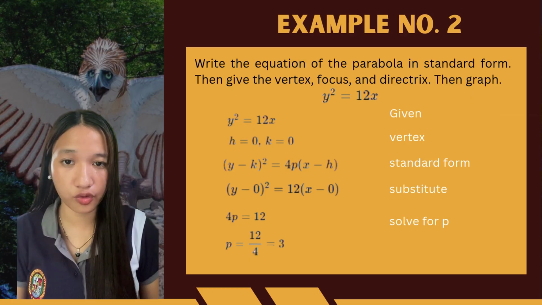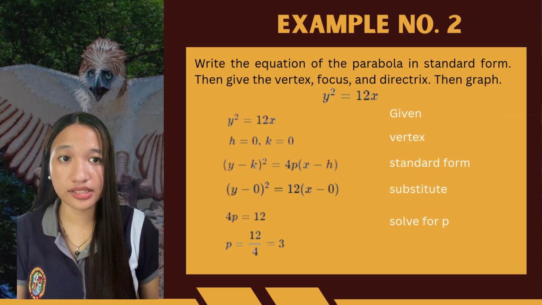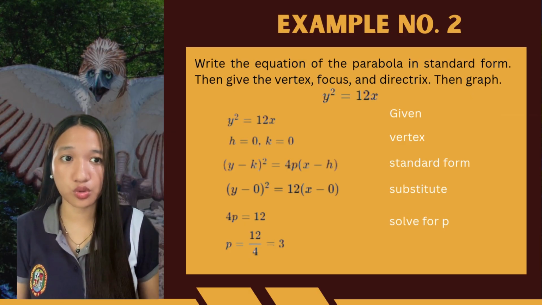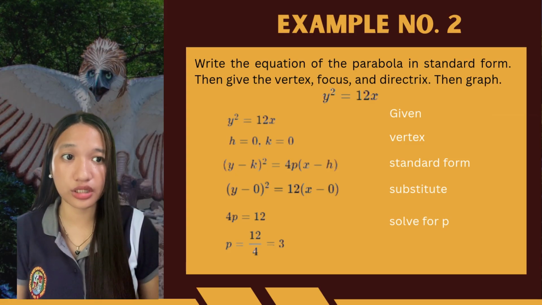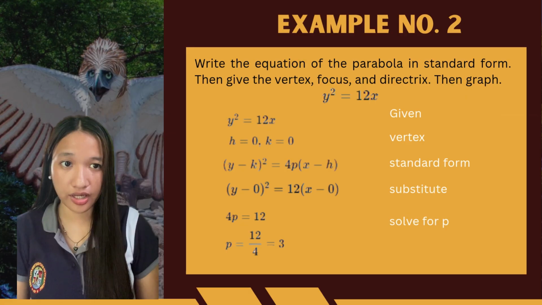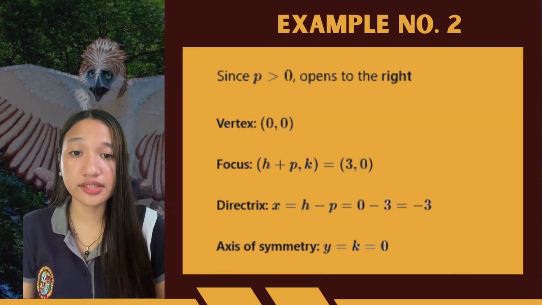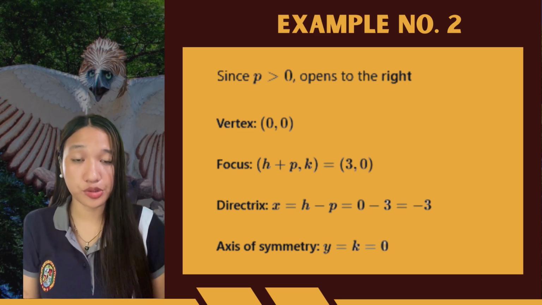That's our standard form for horizontal. So y minus k, which is 0, squared is equal to 12 times x minus h, which is 0. So we have 4p is equal to 12. So 4p divided by 4 is equal to p, then 12 divided by 4, then simplify, we have 3. Since p is greater than 0, it opens to the right.